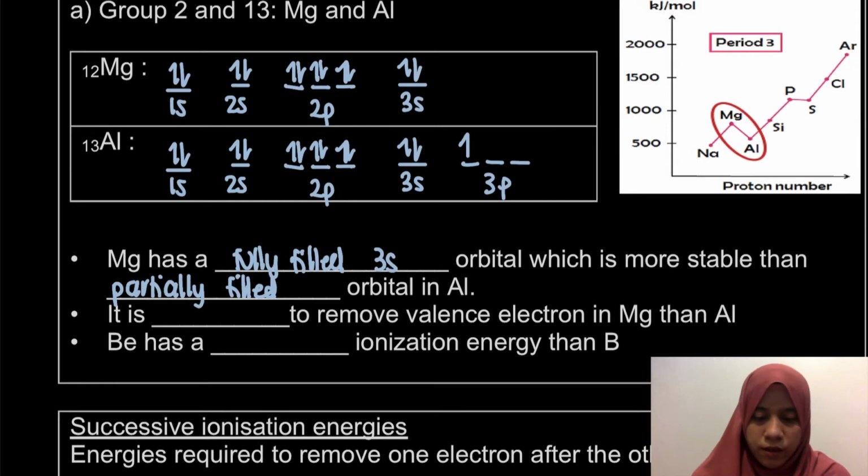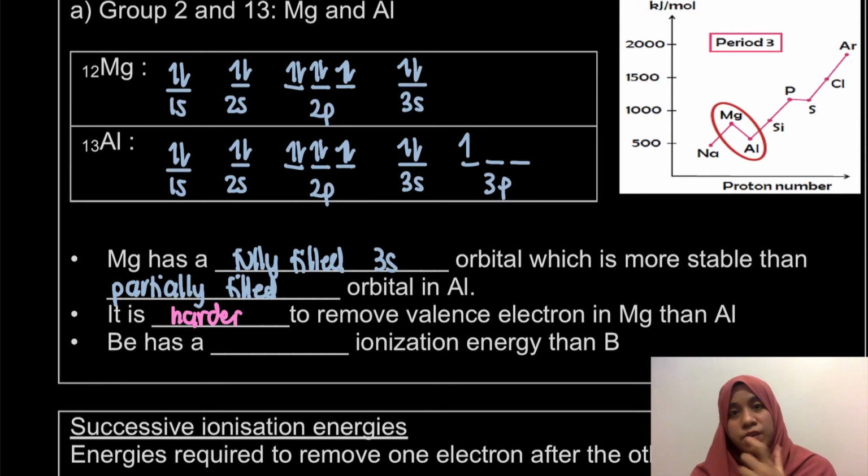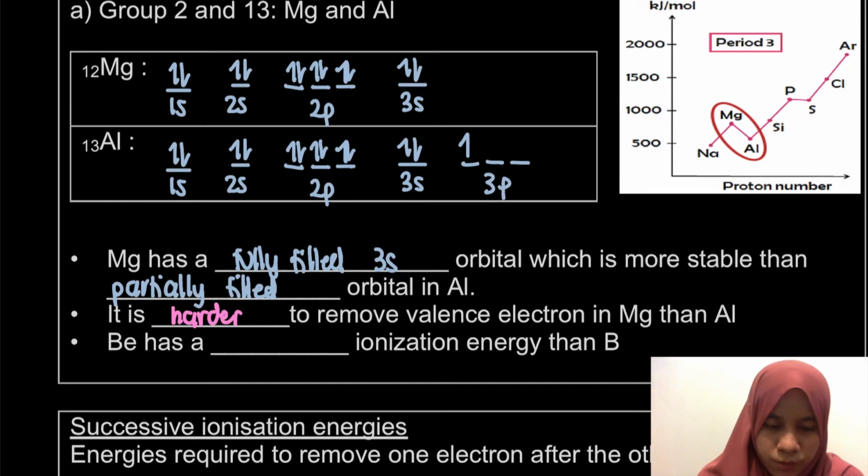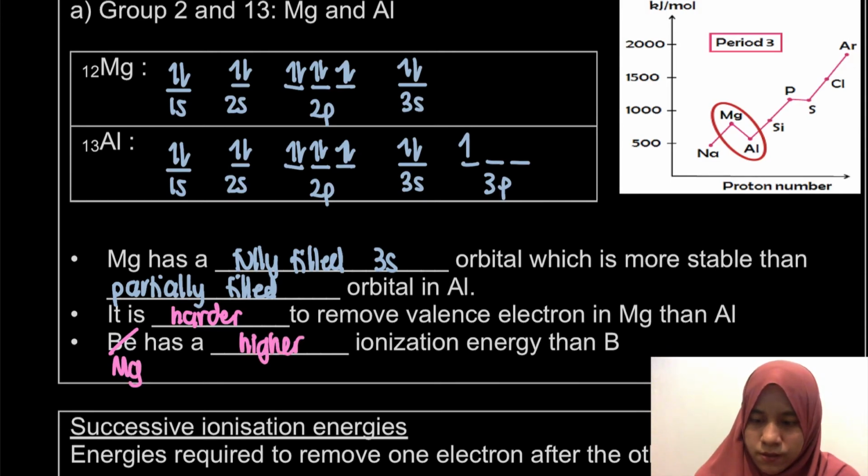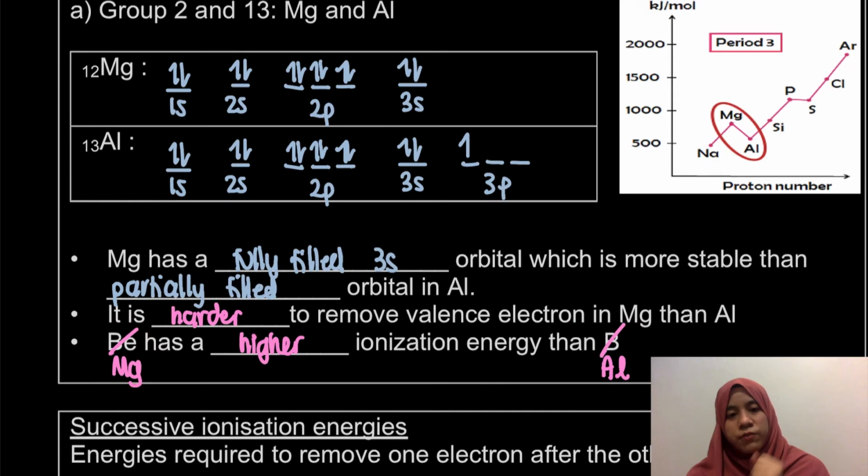Hence, it is harder to remove the valence electron in magnesium than aluminium. Magnesium is already fully filled. So magnesium is supposed to have a higher ionization energy than aluminium. That's the case of magnesium and aluminium for period 3.